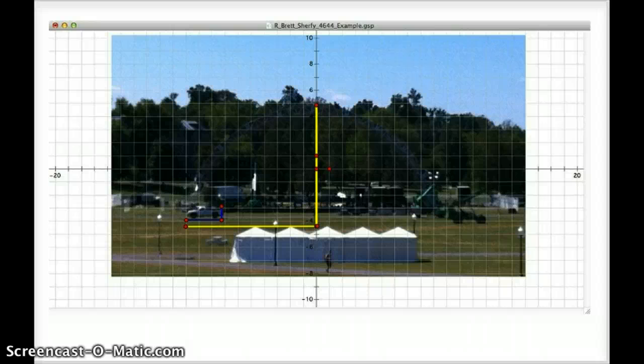If we assume it's a half circle, both of the yellow lines would be about the radius of the circle. So I took those measurements and overlaid them on there.